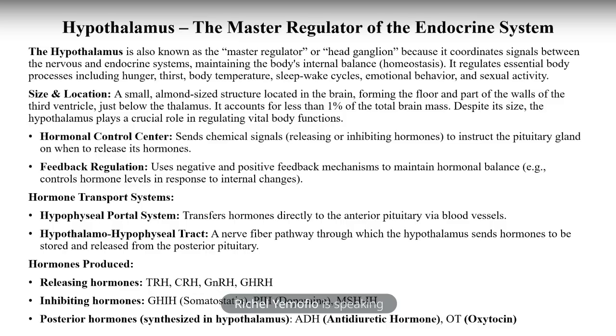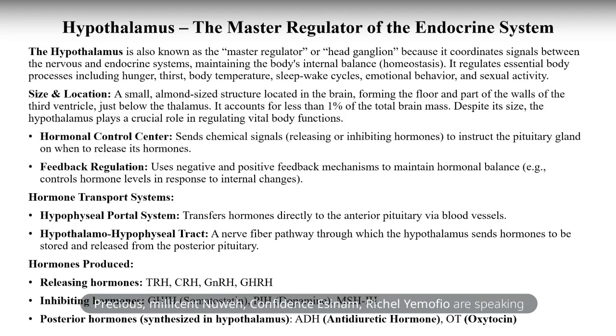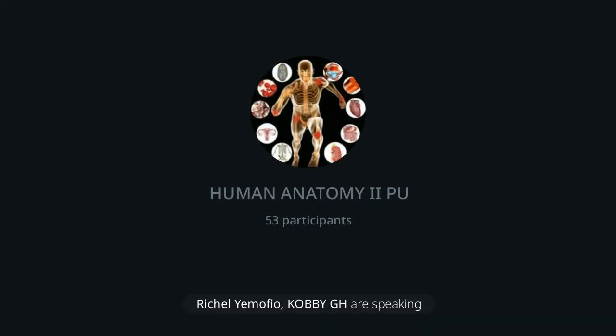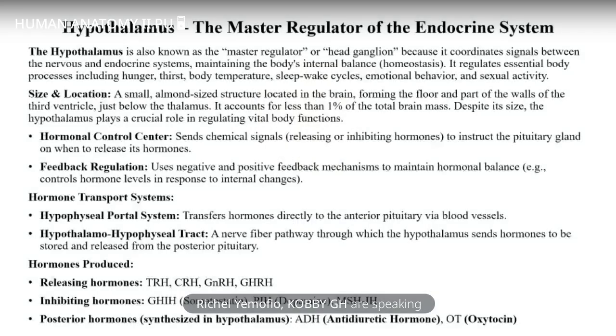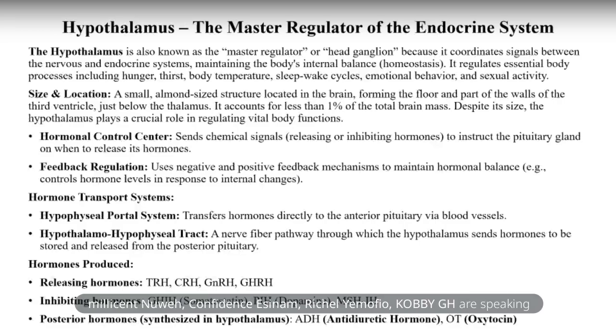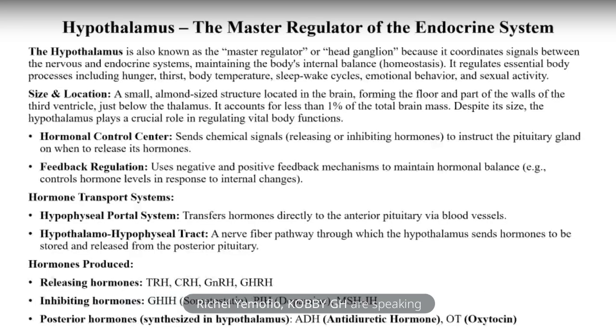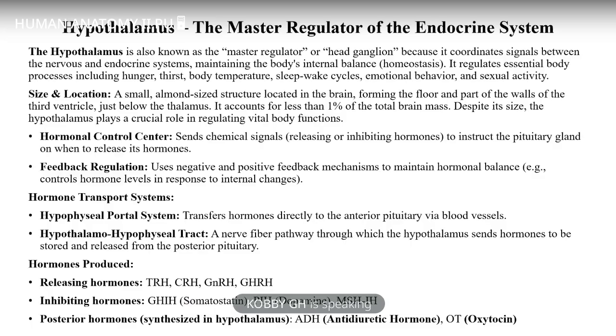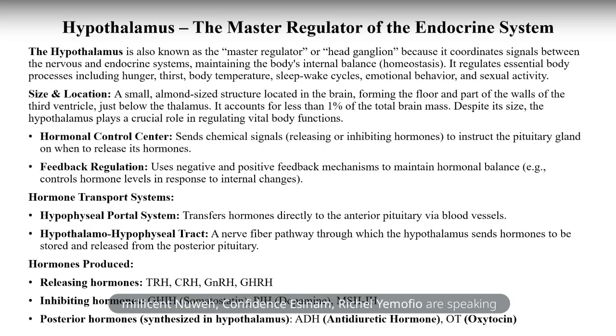The posterior pituitary. Which gland produces and releases corticotropin releasing hormone? The hypothalamus. Which gland produces and releases growth hormone releasing hormone? The hypothalamus.